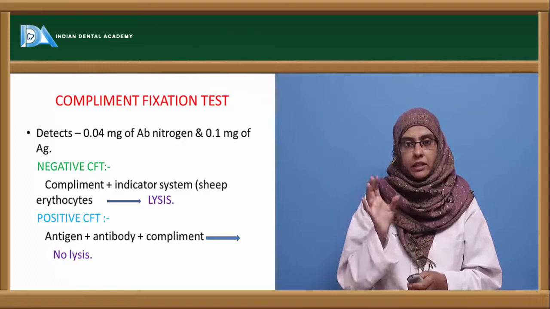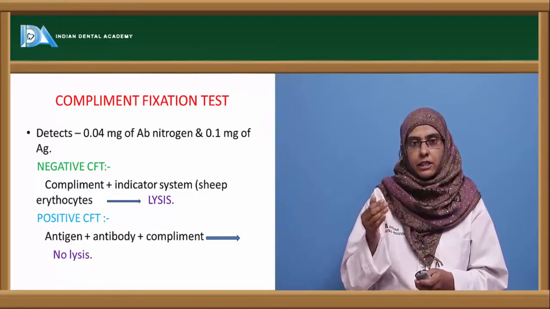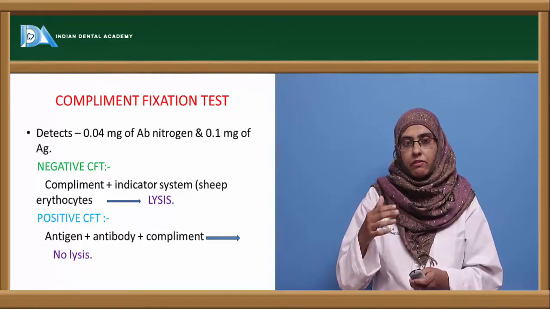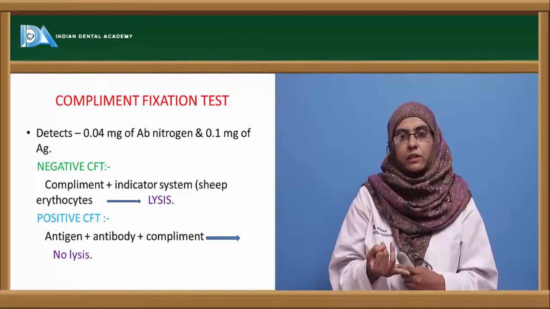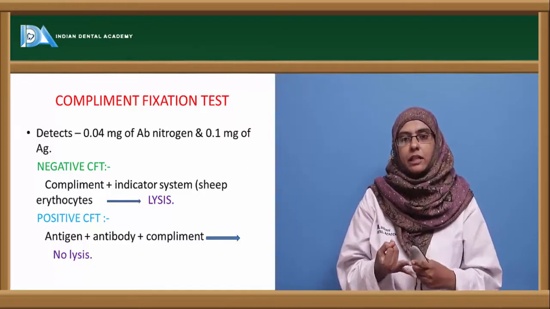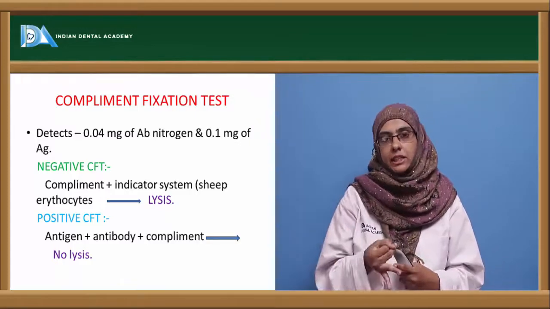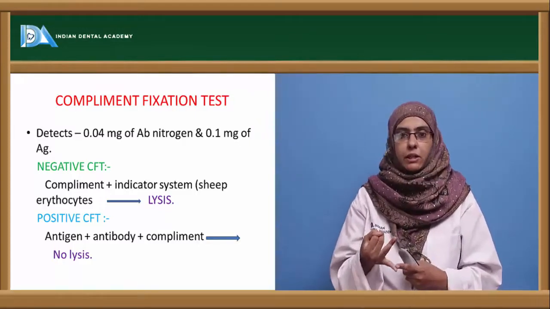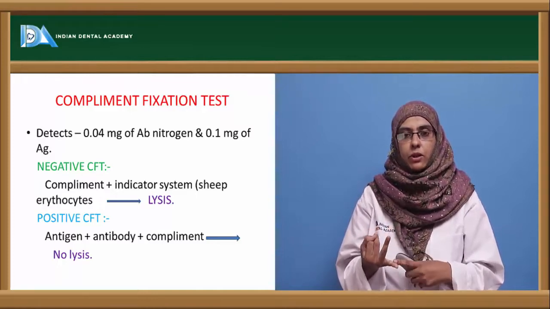In the first test, we require 5 components. One is an antigen, then an antibody, we require the complement protein, and next we require the sheep RBCs and the antibody against the sheep RBCs. The antigen can be any antigen towards which the antibodies are usually acting.